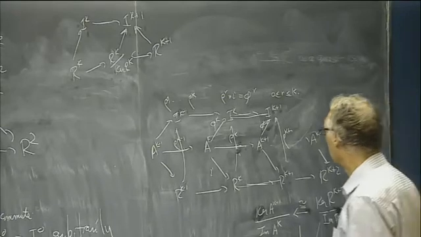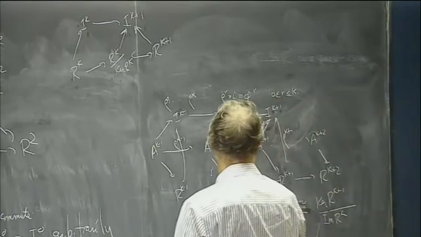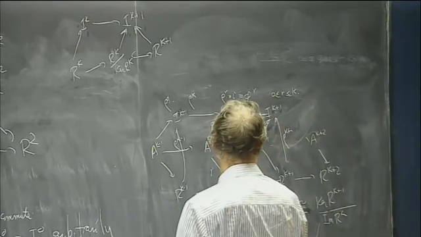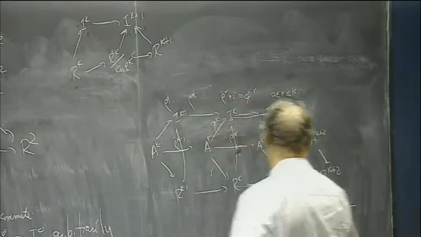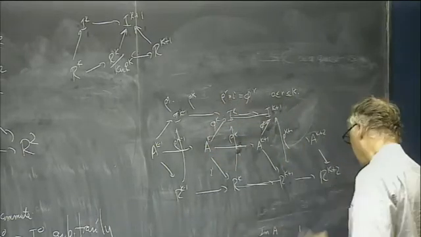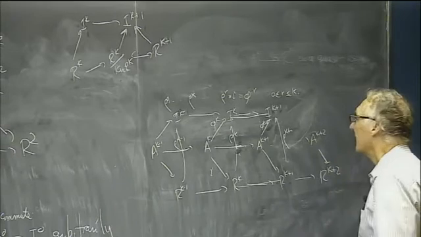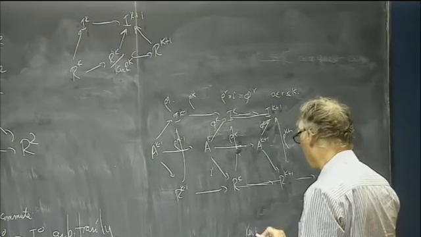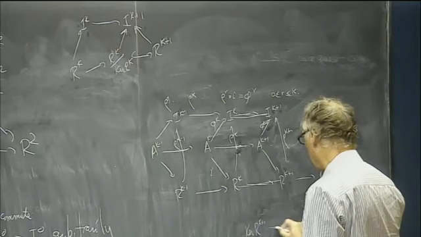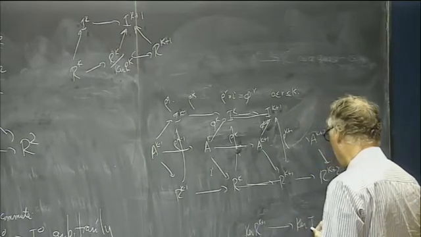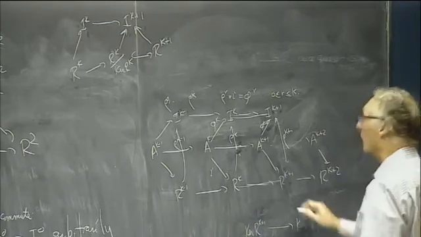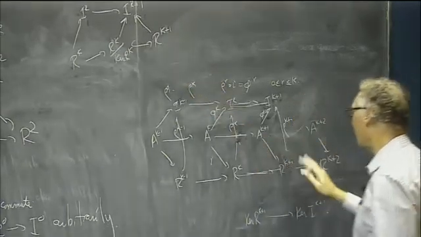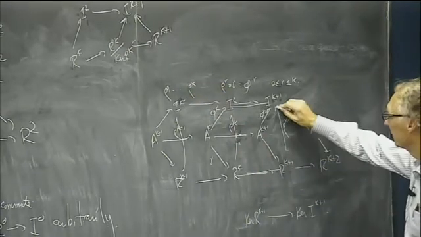Next I want to arrange that the kernel of R^(k+1) maps to the kernel of I^(k+1). And there's no reason to expect that I'll have that from this construction.